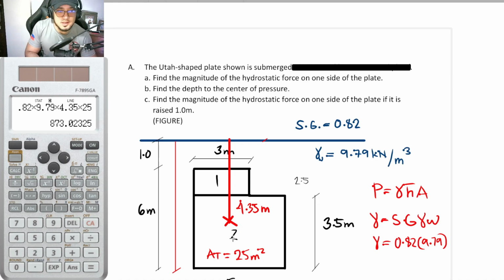So let's say that this is now the location of the center of pressure that we have solved for earlier. So moving this here, let's say that this is now the center of pressure. So we have a distance, of course. And this distance is what we would be calling our eccentricity, E.